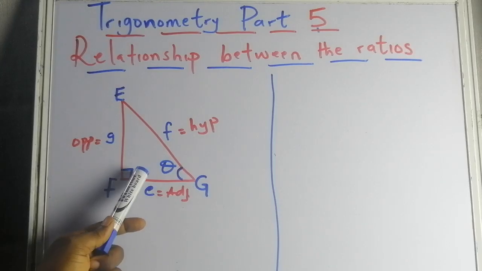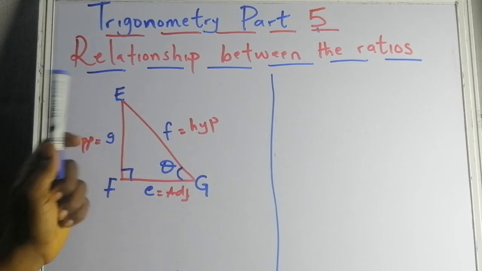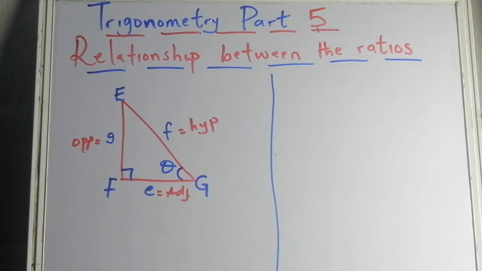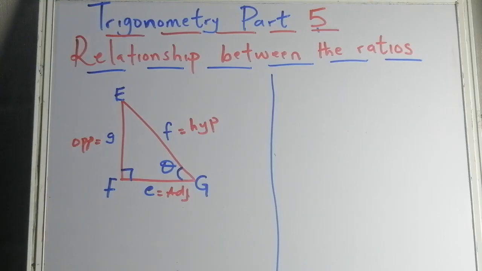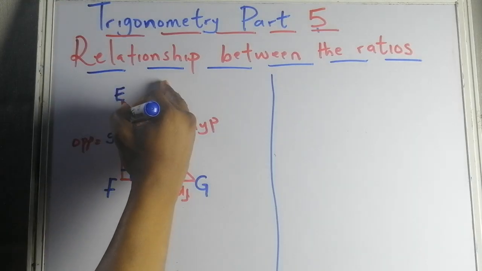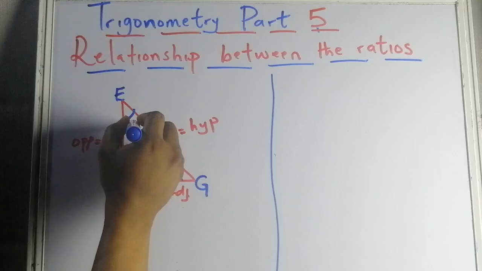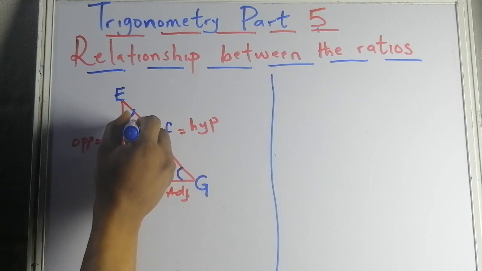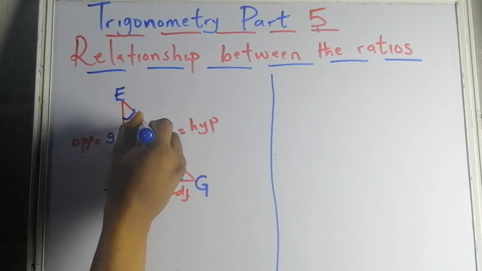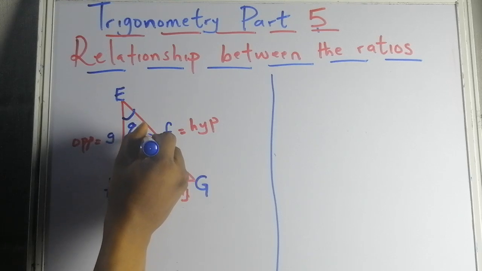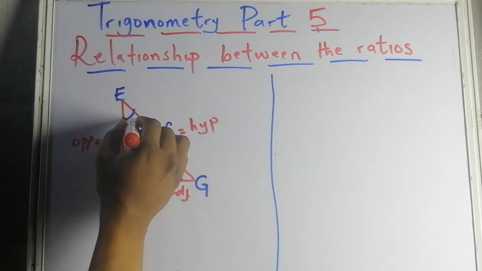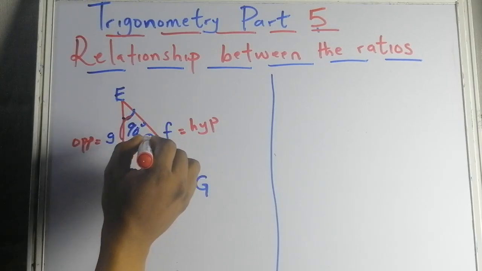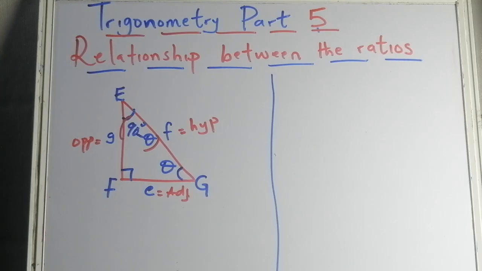Now, if this one is 90 and we have theta, we can get the last angle here. The angle that will be here is 90 minus theta.